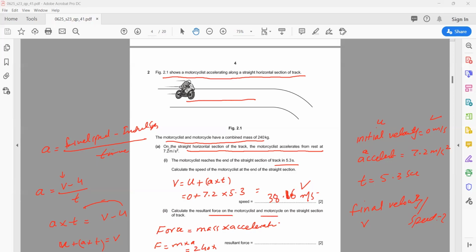Acceleration they already gave you, 7.2. So when you multiply them, what will you get? 1728 Newton. That's the force.